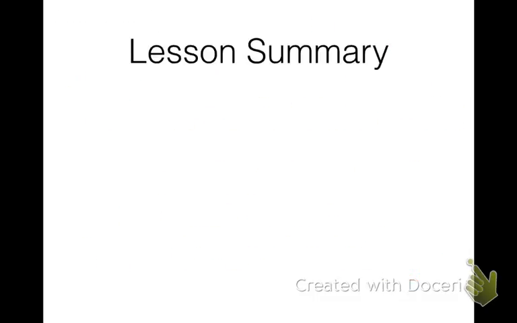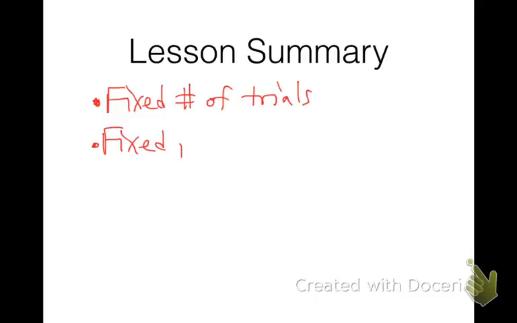Okay, so let's sum up this lesson a little bit. We looked at Bernoulli today, sometimes called binomial probabilities. Key things to keep in mind with Bernoulli and binomial probabilities is that you need to have a fixed number of trials. You need to have a fixed probability.